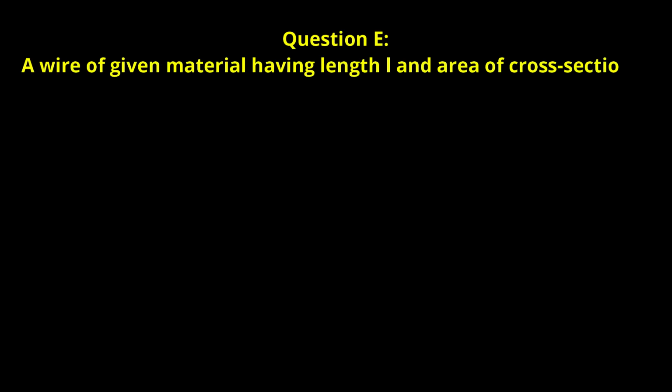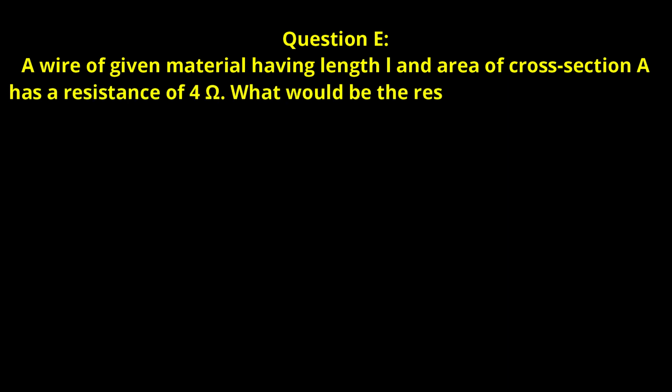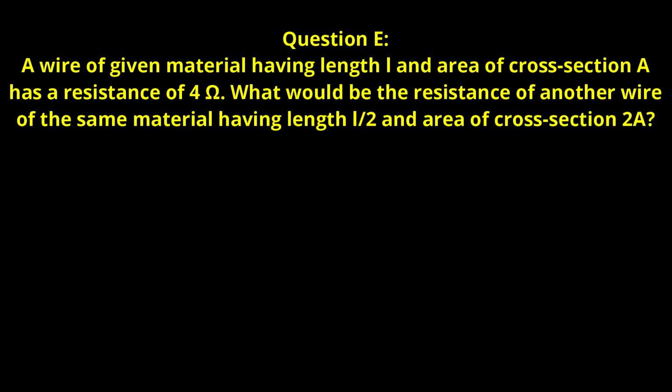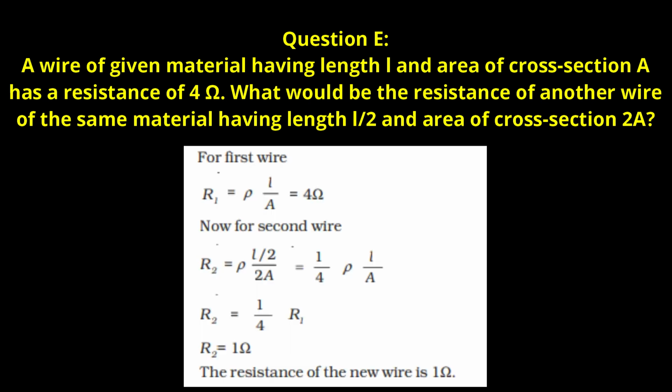A wire of given material having length L and area of cross section A has a resistance of 4 ohm. What would be the resistance of another wire of the same material having length L divided by 2 and area of cross section 2A? So for the first wire, R is equal to rho into L divided by A. That's the formula, which is equal to 4 ohm, already given.